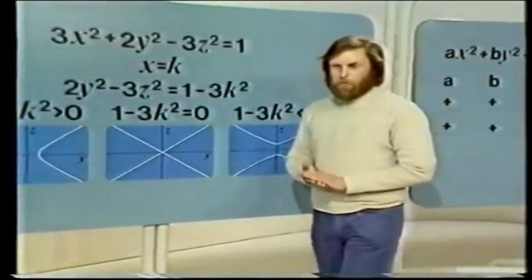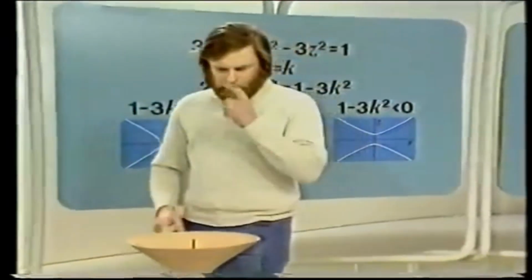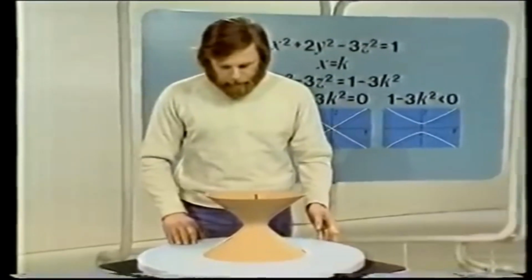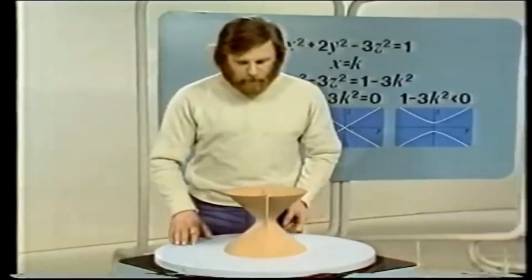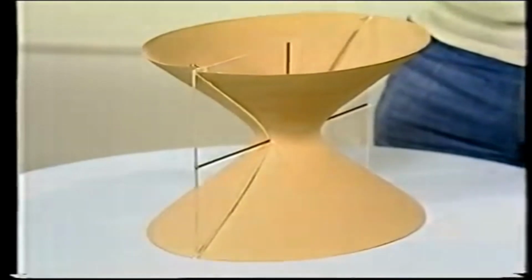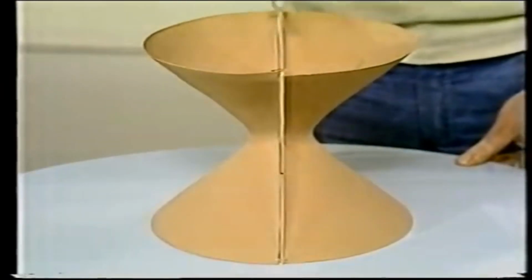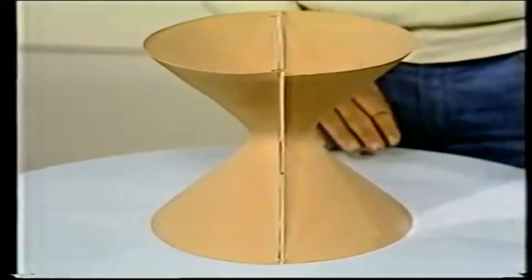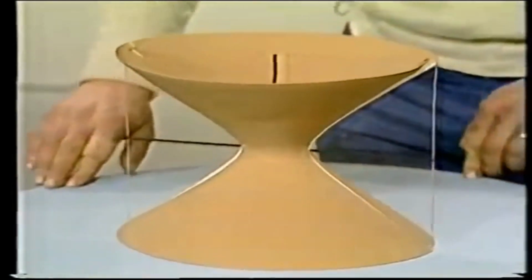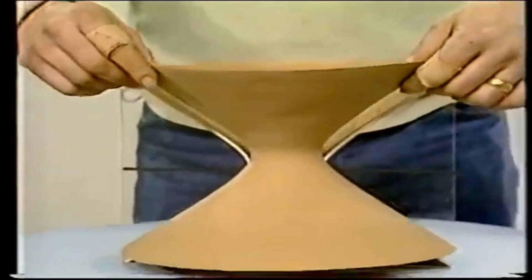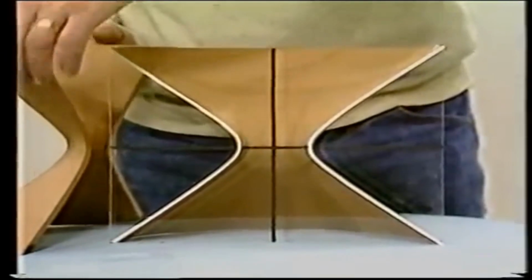Well, let's see that on the models. Here's the shape again, and here's a plane for a very small value of k. In fact, it's the YZ plane. If I actually cut the model and remove half of it, then I think you can see it really is a hyperbola.